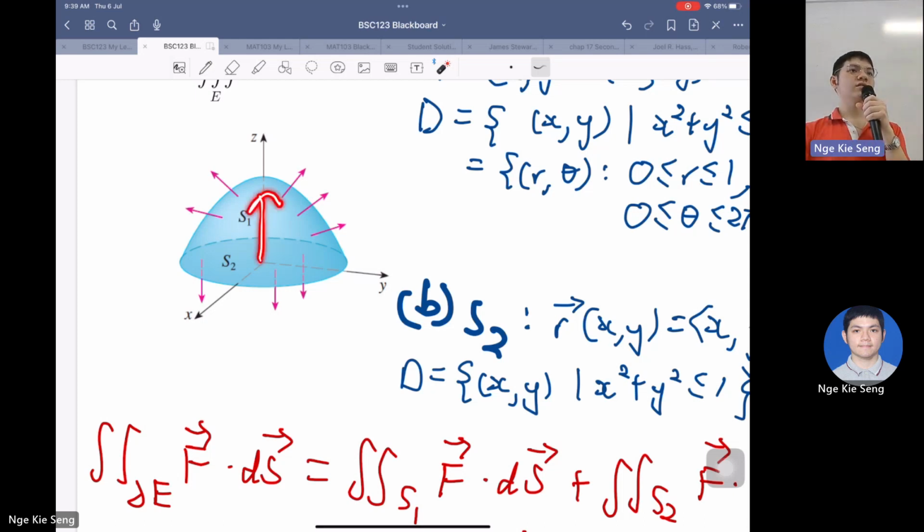Going inside the solid. Make sense or not? So you want to go outside, everything radially going out. So you need to pick 0, 0, -1. Does it make sense? So we want 0, 0, -1.